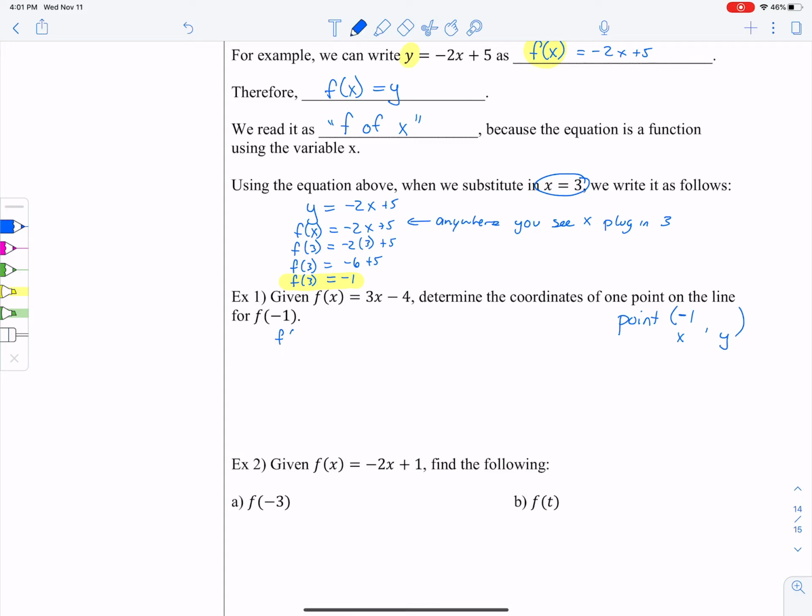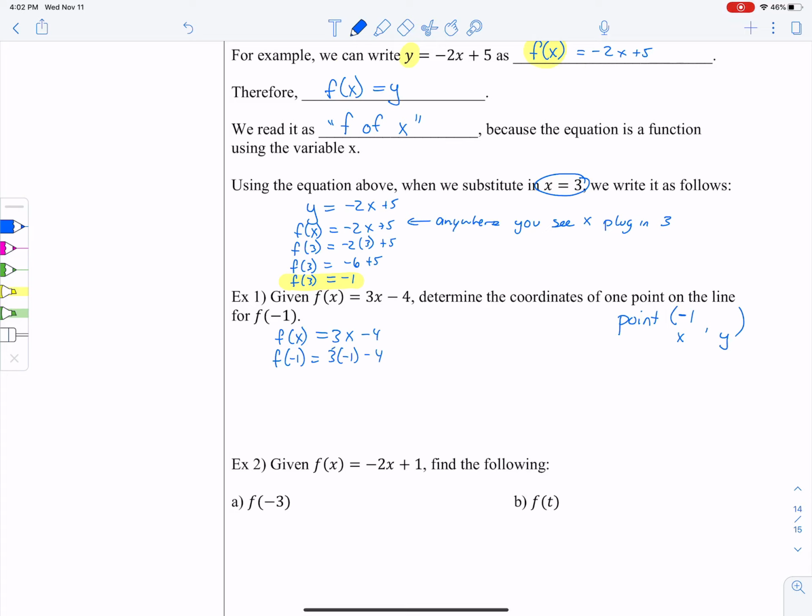So we have f of x is equal to 3x minus 4. And now we're going to replace all of the x's with negative 1's. So f of negative 1 is equal to 3 times negative 1 minus 4.